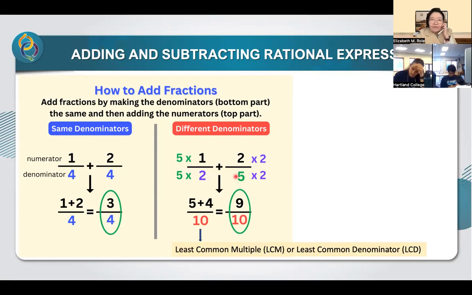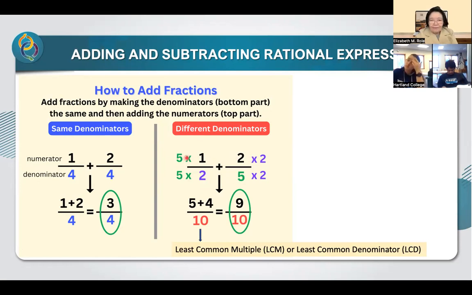Since 2 and 5 have no other common factors, the denominator that can be divided by 2 and 5 would be 10, that is 5 times 2. So we will make use of our multiplying by 1. We multiply 1/2 by 5 over 5, and we multiply 2 over 5 by 2 over 2.